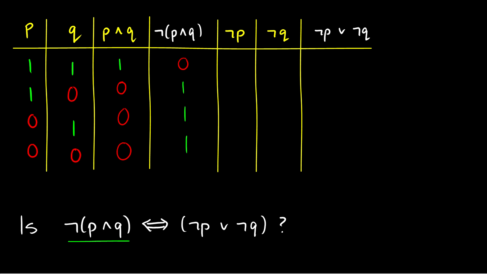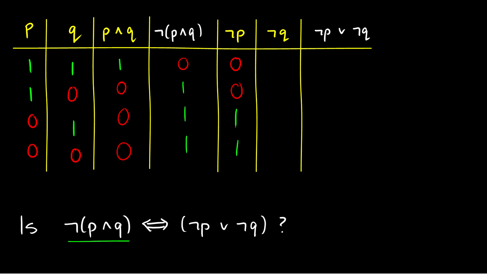Okay. So we have the truth conditions for not P and Q. Now we have to do not P or not Q. But in order to do not P or not Q, first we need to do not P, then we need to do not Q, and then we can put them together with or. So not P, this is just the opposite values of P. So if P is 1, 1, 0, 0, then not P is going to be 0, 0, 1, 1.